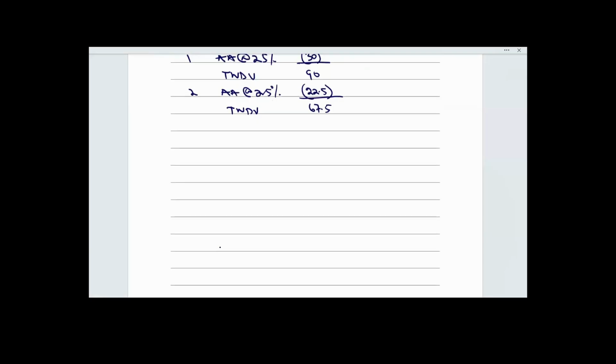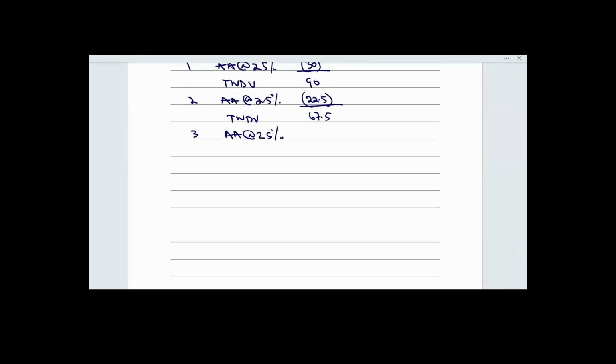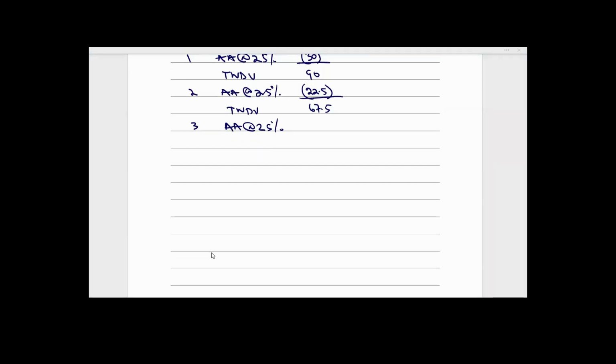I will then move to year 3. Annual allowance at 25% of 67.5: 0.25 multiplied by 67.5 equals 16.88 in 2 decimal places.